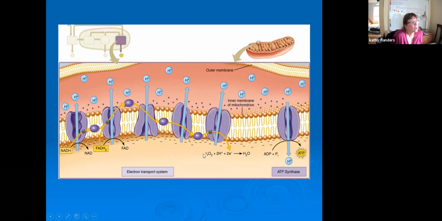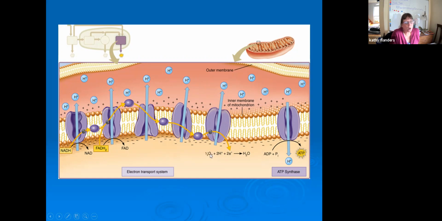This is where oxygen comes in. This is why we breathe oxygen. It's why oxygen is necessary for us to survive, because the electron transport chain requires oxygen to pick up the electrons that have gone through it.